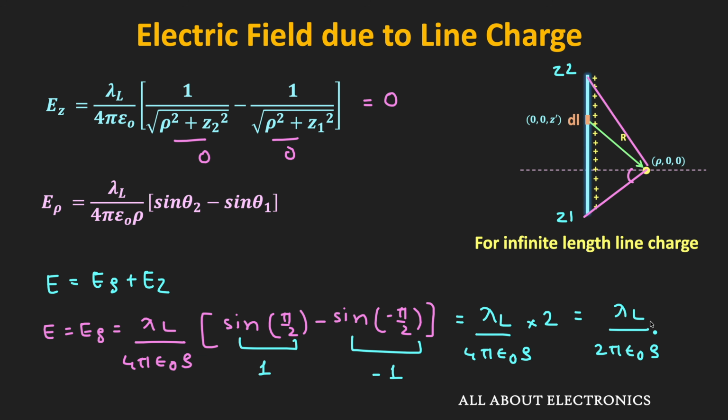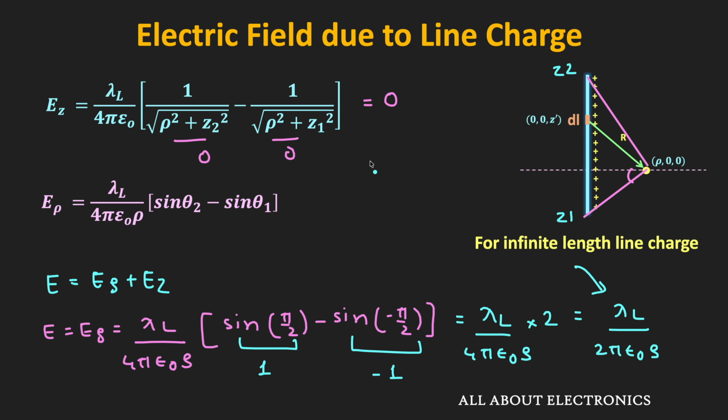That means whenever we have an infinite length line charge, this is the expression of the electric field intensity at the given location, where rho represents the distance between the line charge and the observation point. So as you can see, as we move away from the line charge, the electric field intensity will reduce. But if you compare this expression with the electric field intensity expression of the point charge, in case of the point charge, the electric field intensity was reducing with the power of 2.